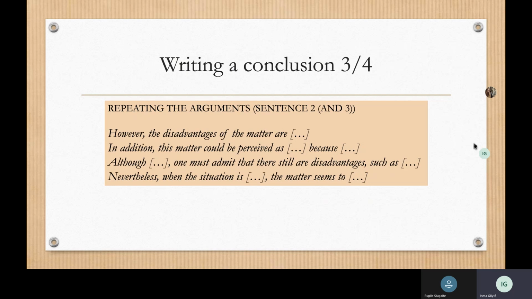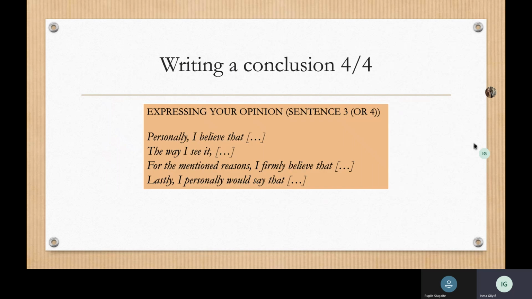So you just indicate the differences between the time when a certain topic is being discussed and the situation. So it really depends on the topic that you are given.